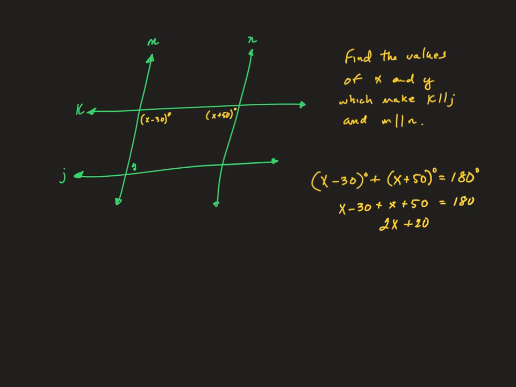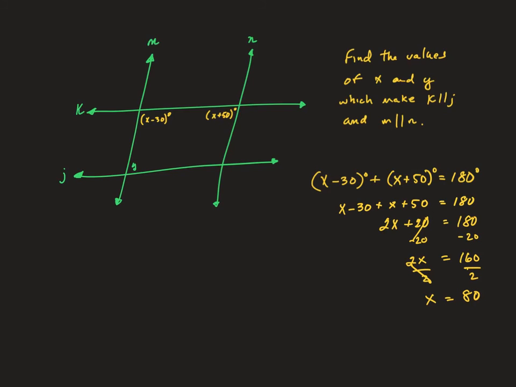X plus x is 2x, and then 50 minus 30 is going to be 20. And that's going to equal 180, so doing my inverse operations, and then I'm going to divide by the coefficient, continuing to isolate my variable. And x is going to be equal to 80.